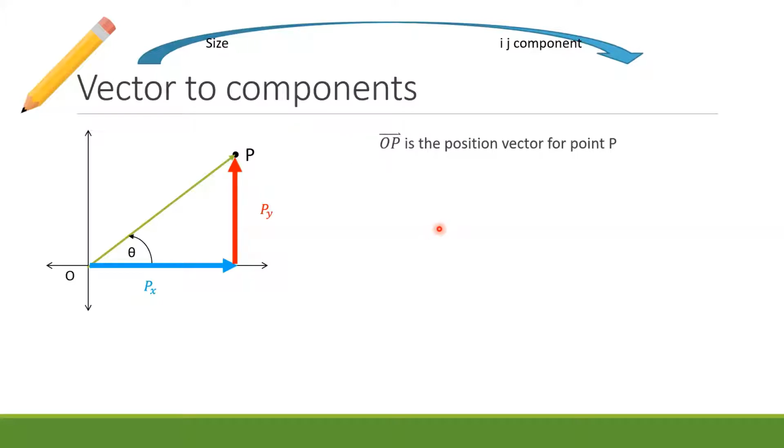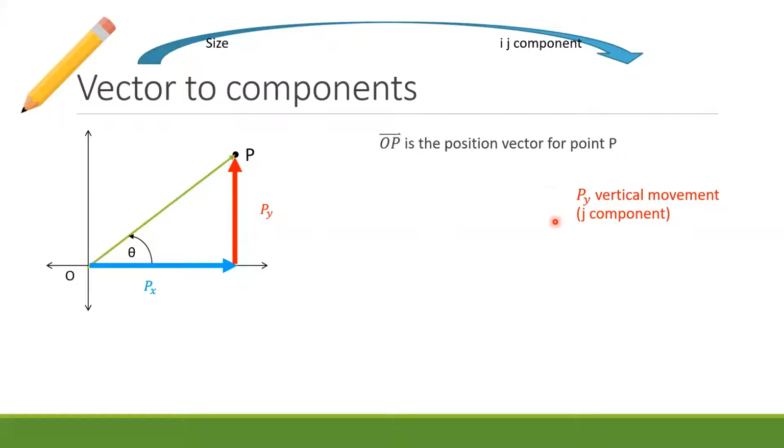So we're going to start off by working out the P of Y. Now the P of Y is this red line here. This is our vertical component, so that means it's our J component. Remember, I is horizontal, J is up and down, J for jump.